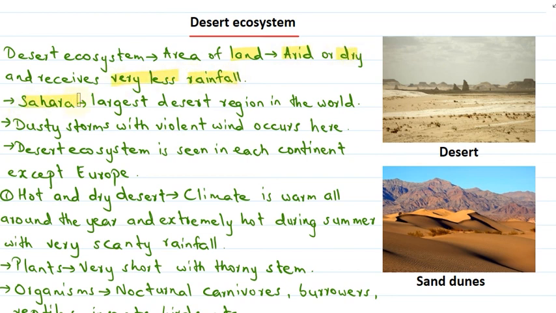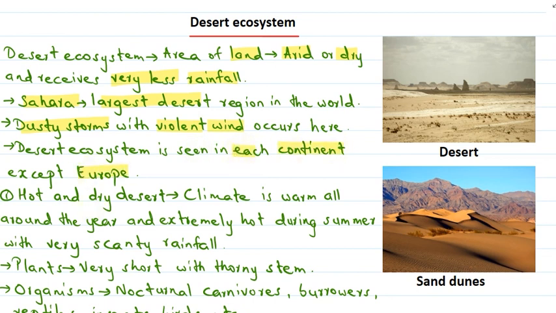So the Sahara Desert, which is present in Africa, is the largest desert region in the world. So in desert regions, what happens? Dusty storms are accompanied by violent wind, and these can be seen here on a regular basis. So desert ecosystem can be found in each continent except Europe.